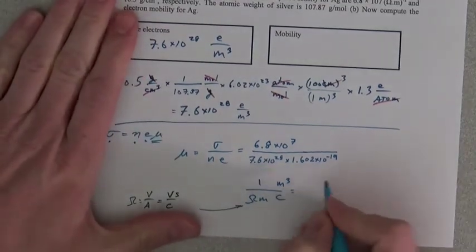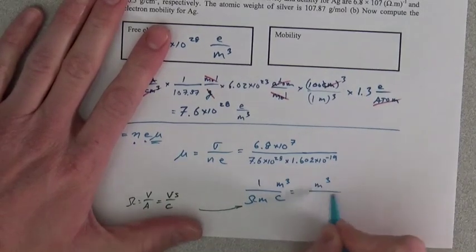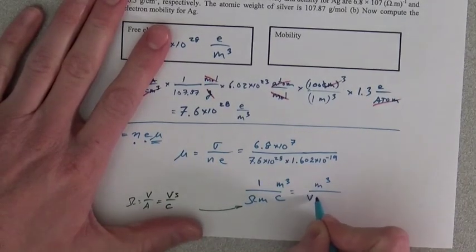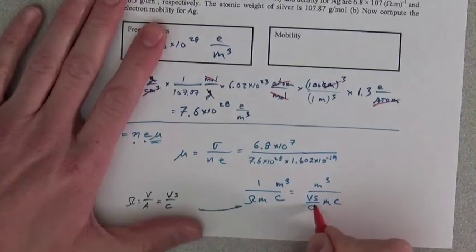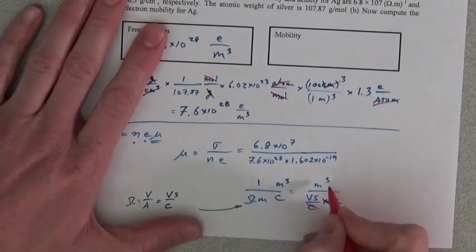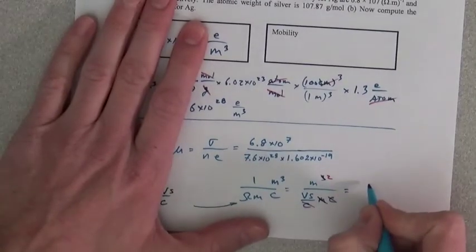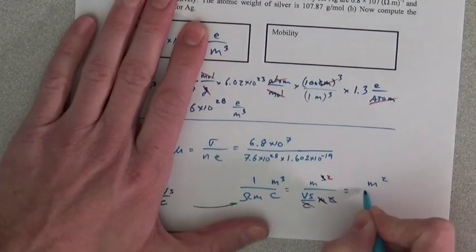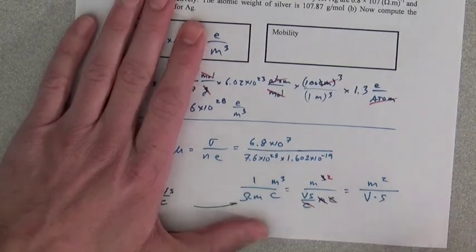Which means this could be meter cubed per volt second coulomb meter coulomb. Coulombs cancel, meters cancel, leaving us with units of meters squared per volt second.